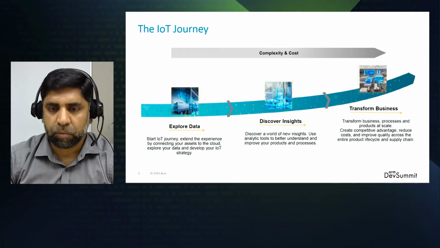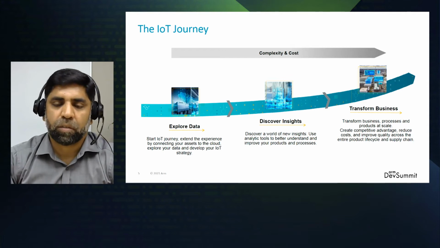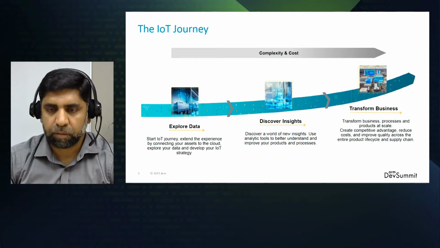But then as they get more and more capable, they can discover rich insights from that data, and then start reacting or implement some controls on the device that react to the data analysis, and then eventually they go on and transform their businesses. So we should not think of this journey as a simple or one-time offering, but it's an evolution where you start small, but then you can really transform your business.